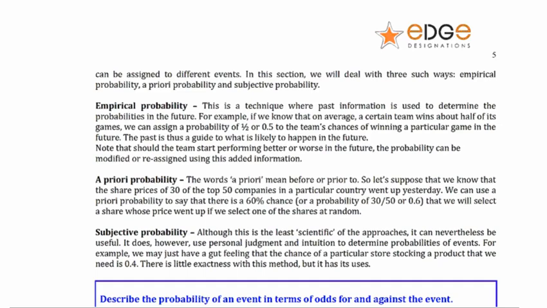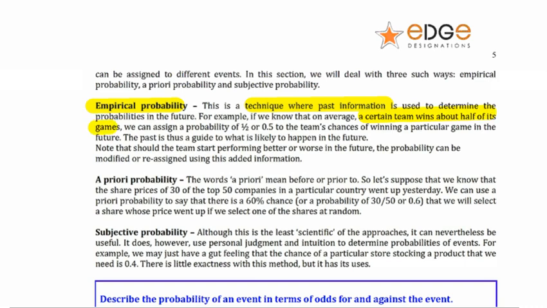Number one is empirical probability, my apologies. Empirical means I've got some kind of support from it: a technique where past information is used to try and determine the future. For example, we know that a certain team wins about half of their games.